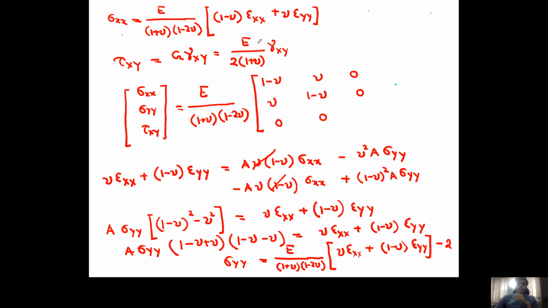Here E by 1 plus nu has come outside. This is the additional term, so this becomes 1 minus 2 nu by 2. And then we have epsilon xx, epsilon yy, and gamma xy.